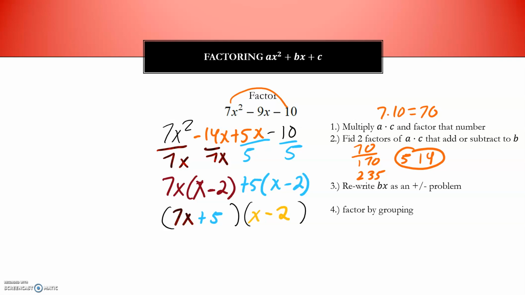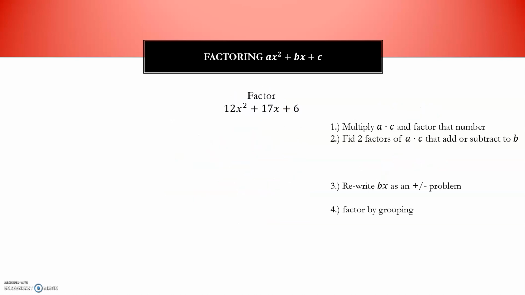The reason is I think it's easier to factor the number, and then pick the factors by thinking about what I need to do to get to that minus 9. Okay, 5 and 14 will get there using some type of subtraction, and then I figure out which one should be negative. So that's how I do it. You can look at a number of other videos and some textbooks, and you'll find some different methods. So my way is by no means the only way.